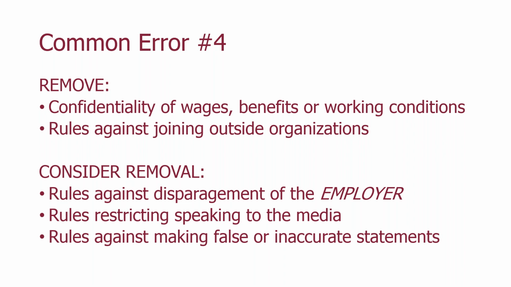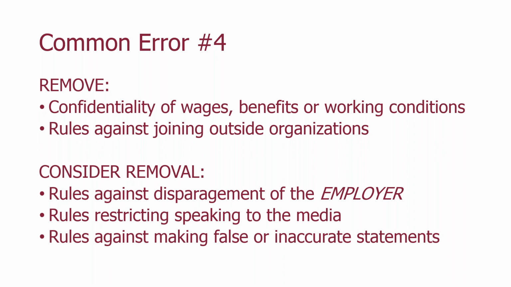You should also consider, if not removal, modification of rules against disparagement of the employer. An employee is free to disparage the employer as long as they're not making defamatory statements or basically lying about the company. That action is protected by Section 7.